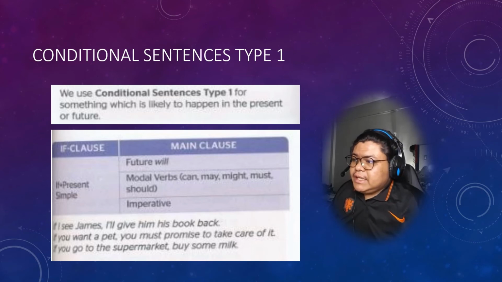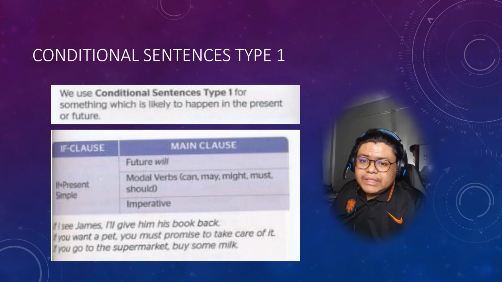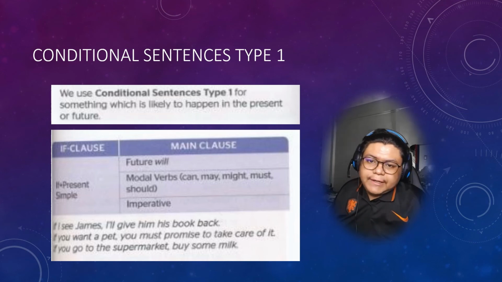Contohnya macam ayat terakhir ni, buy some milk, which is a command given by someone talking to another person. If you go to the supermarket, buy some milk, imperative is a command. Arahan lah, memberi arahan. So let's move on to the next slide now.